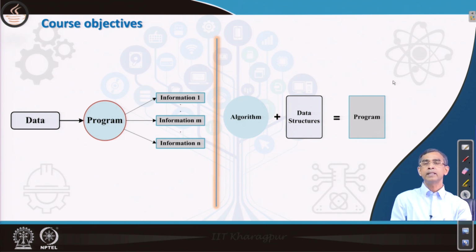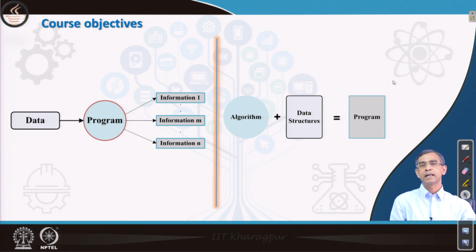Definitely, to write the program, what is necessary is algorithms. Every type of data structure needs its own algorithms. So, altogether data structures plus algorithms result in a good program to retrieve information given a set of data.